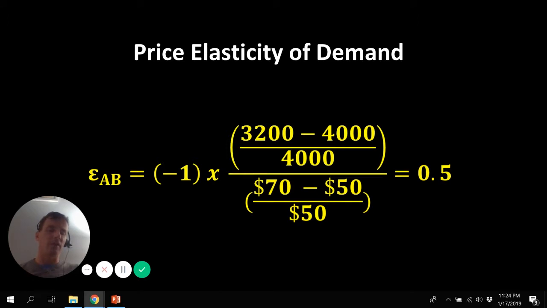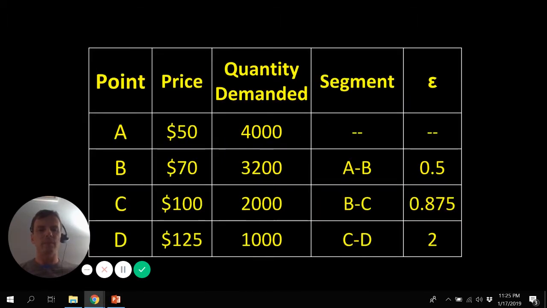We can fill in those variables with numerical values from our table. On the top, we get 3,200 minus 4,000 divided by 4,000. So that's 800 divided by 4,000 on the top. And on the bottom, we have 70 minus 50, or 20, divided by 50. When you do the math here, you get a value of 0.5. We can fill in the rest of this table using similar calculations.